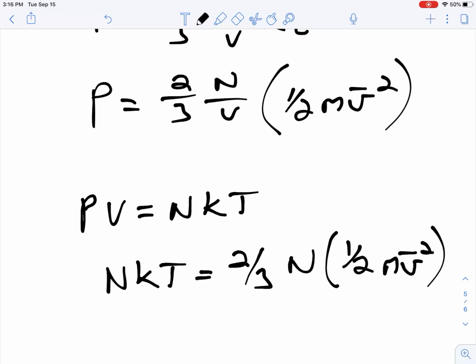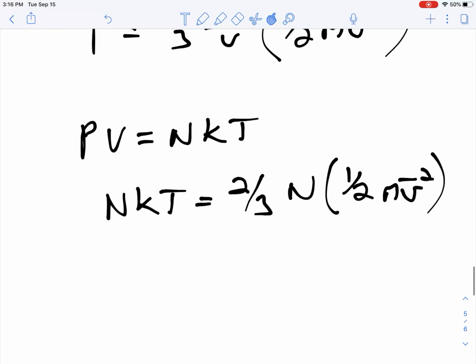All I've done is I've taken this V, multiplied it by that V, so now I have PV equals all this, and PV equals all this. So now I relate this and all this together.